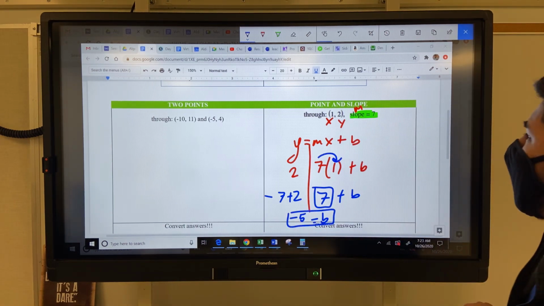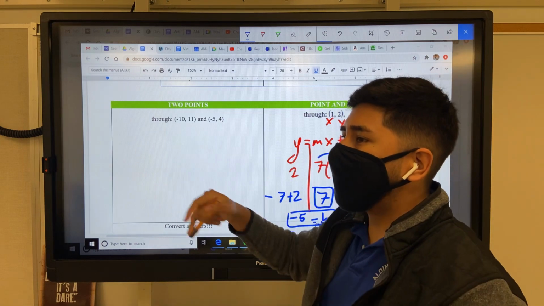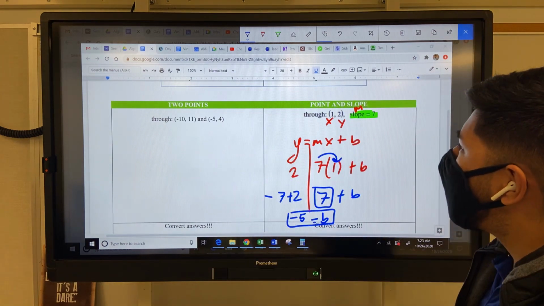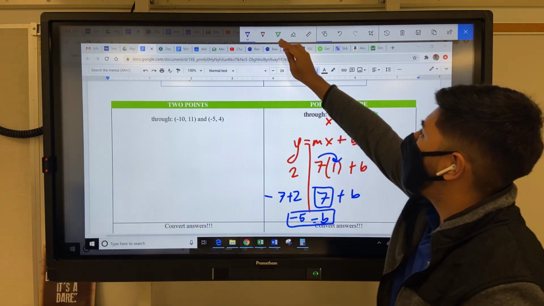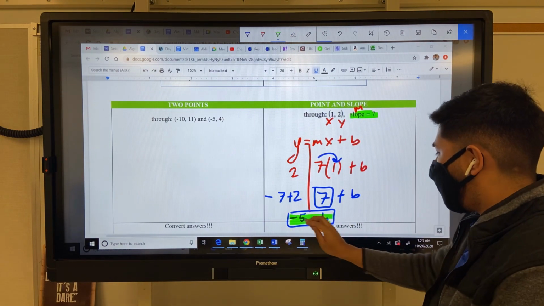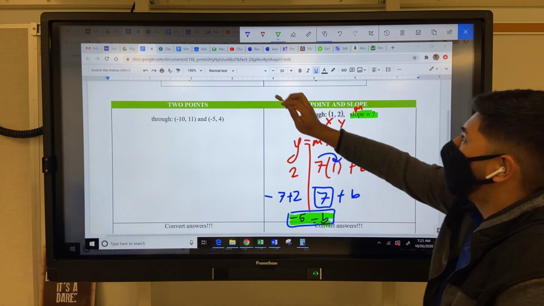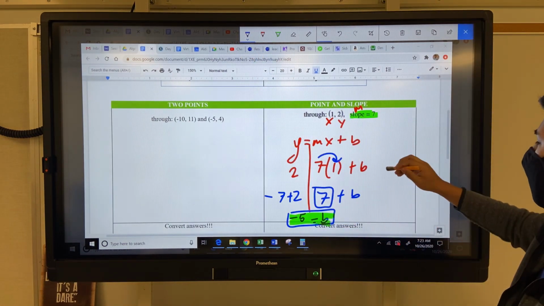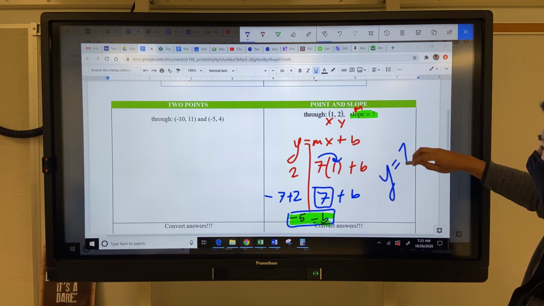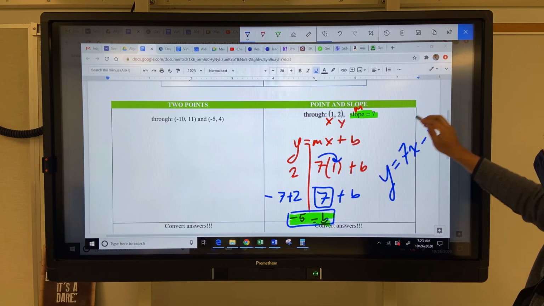Going a little fast, ladies and gentlemen, because we already did this stuff last week, so we should have already had an idea of what's going on. Now I have my two pieces of information. I have my slope and my b, so my answer is y equals 7x minus 5.